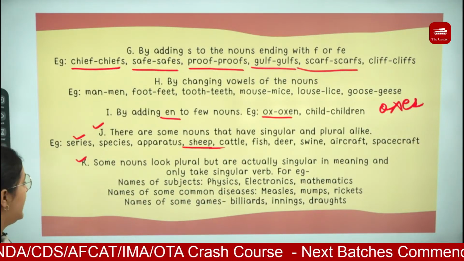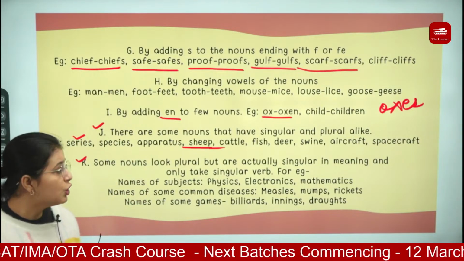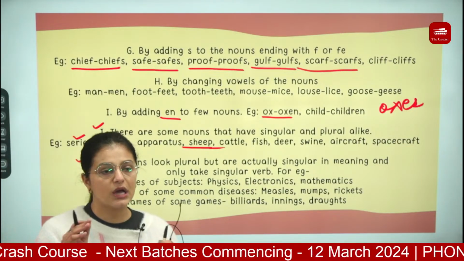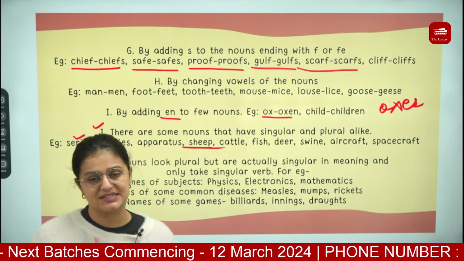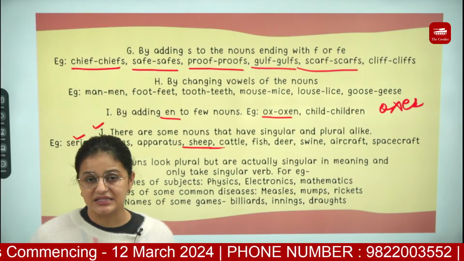Okay, next type of noun is the one जो दिखने में लगता है plural है but actually singular denote करता है. जैसे कुछ subjects के नाम, mathematics, physics, statistics, politics.